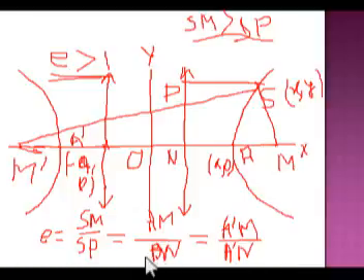One thing you have to note: what will AM be? AM is what we have to find out. We can obtain it by OM minus OA, and AN we can calculate as OA minus ON.